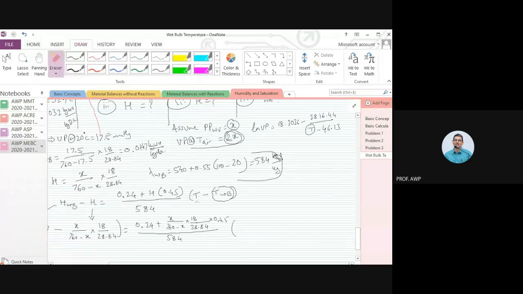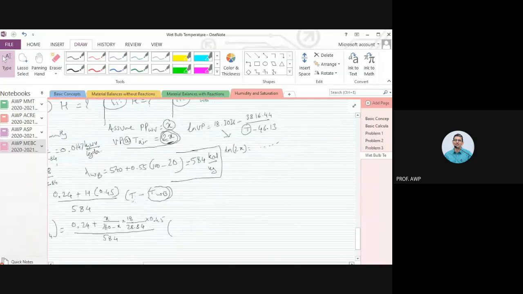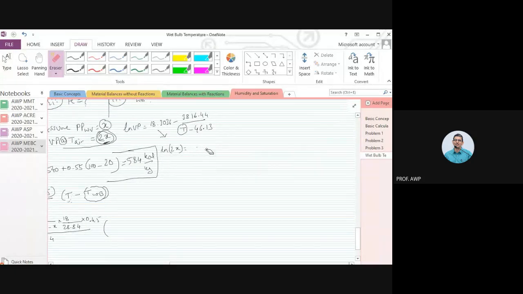So be very careful. We want it in degrees centigrade, so we are going to rewrite all this. ln Vp, now we know, is ln 2x, which is equal to this whole thing. So if you write everything in terms of temperature T, let me write it slowly and properly so that we don't make any mistakes. ln 2x is equal to 18.3036 minus 3816.44 divided by T minus 46.13.